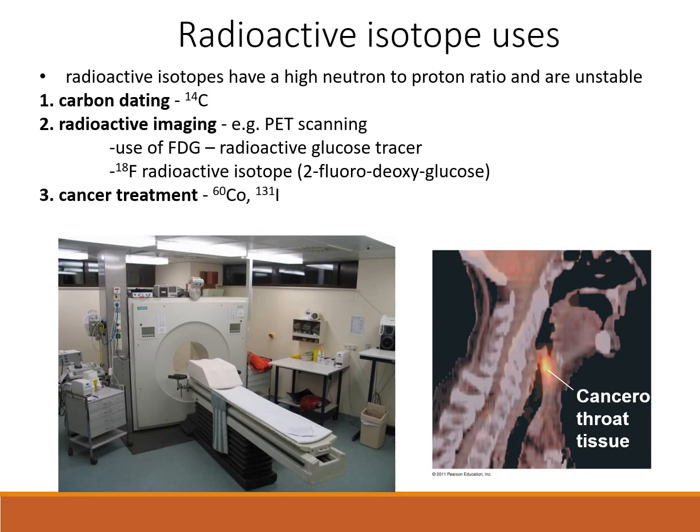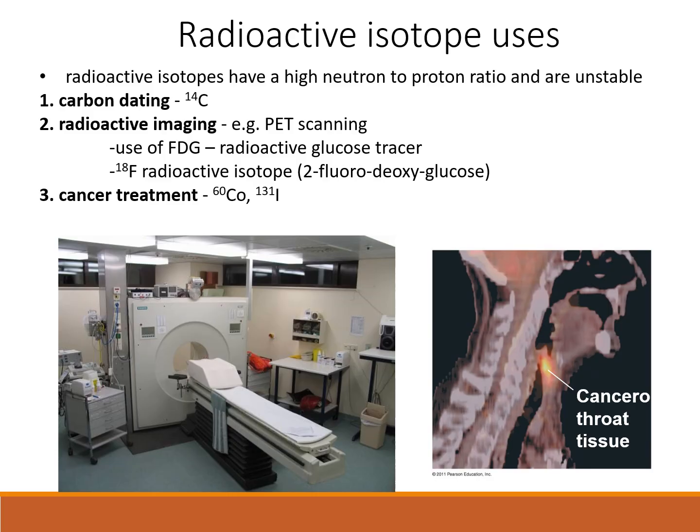And then that region of radioactive uptake and decay would be labeled on top of the CT scan, which would give the anatomy. So here we see the spot lighting up in the throat, and that would indicate the uptake of the radioactive glucose by a tumor located somewhere probably near the thyroid. It might actually be a thyroid tumor.